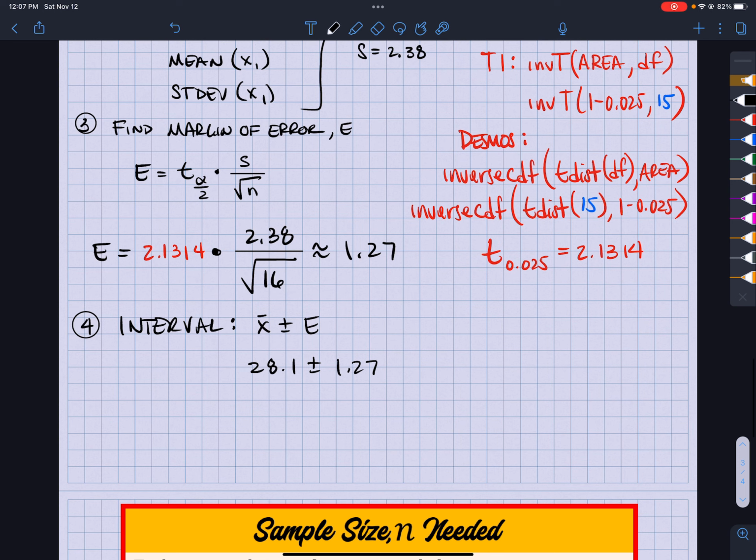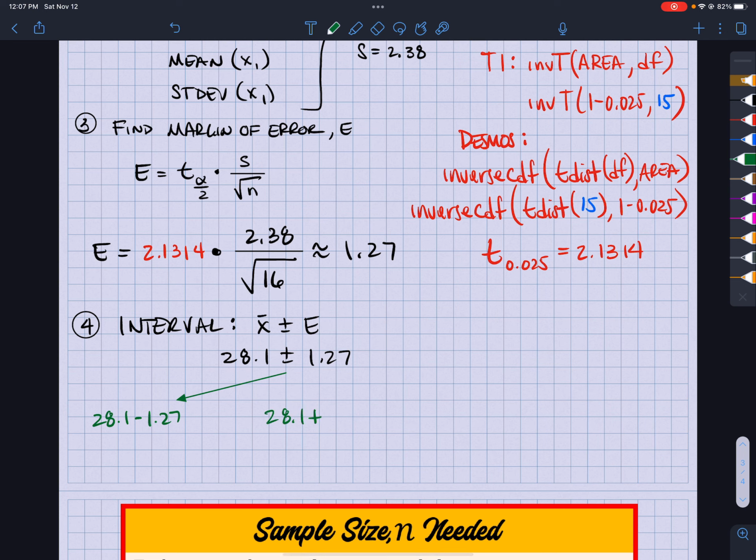So in that case, I have 28.1 minus 1.27 and 28.1 plus 1.27. So here I should get 26.83, and over here is 29.37. There we go. All right.